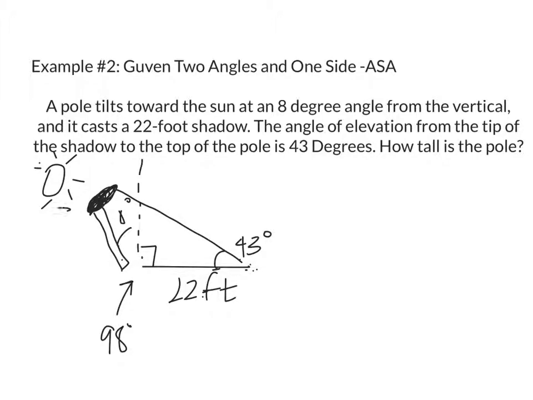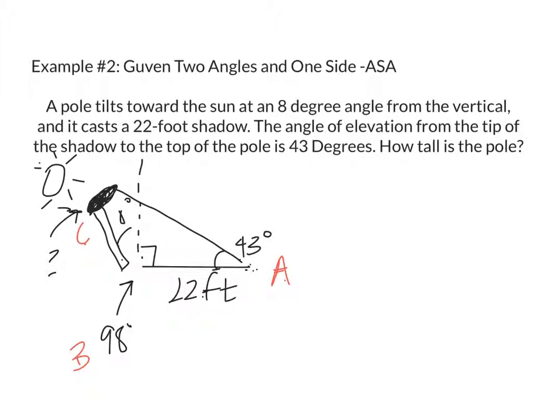So really it's only this angle here that we don't know, but we'll figure it out. Let's start putting some labels on here. Let's say I want to call this angle A. This will be B, and this will be C. C is the one that we don't know as of yet.